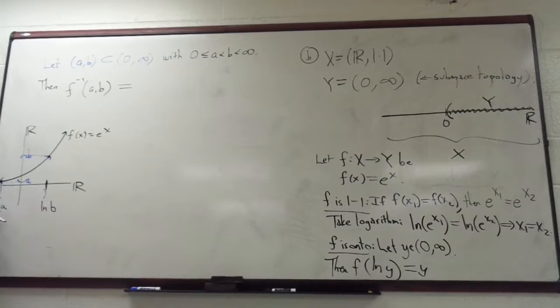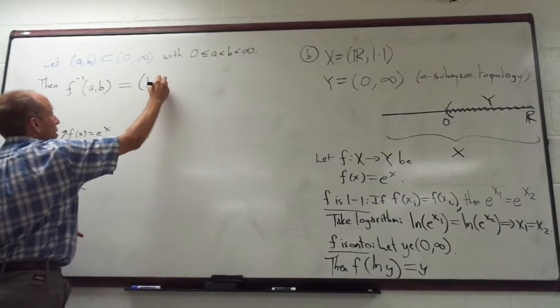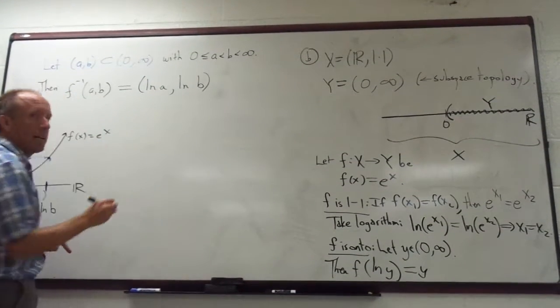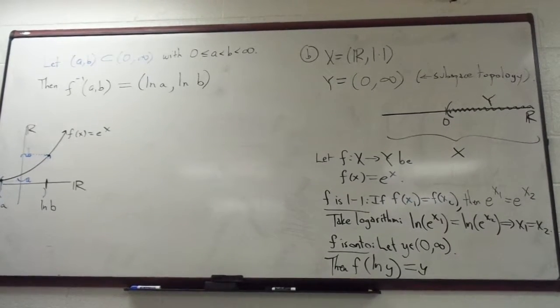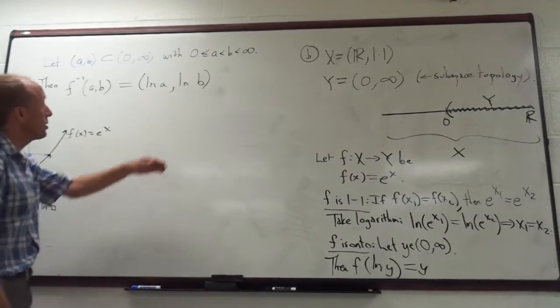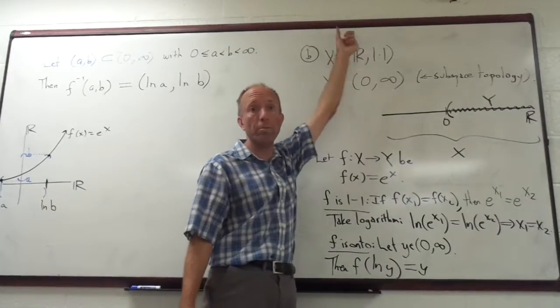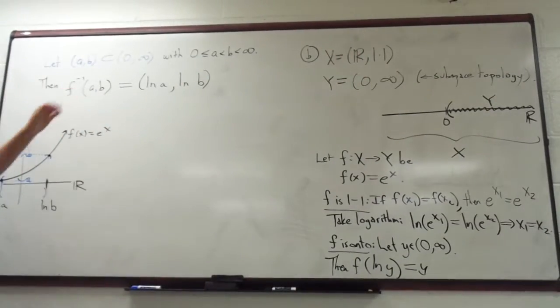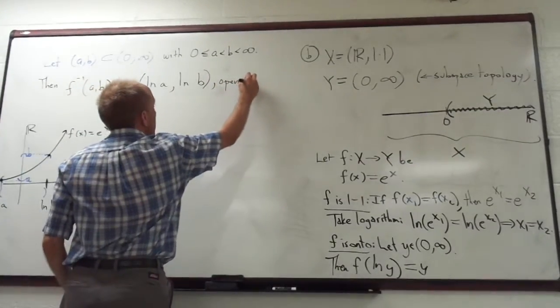Notice this one is to the left of this one, so when we put it into an interval, we write it just like that. And of course, the ln of a could be a negative number. Nothing wrong with that, because in the pre-image, capital X, you have all real numbers. So this is still open in X.